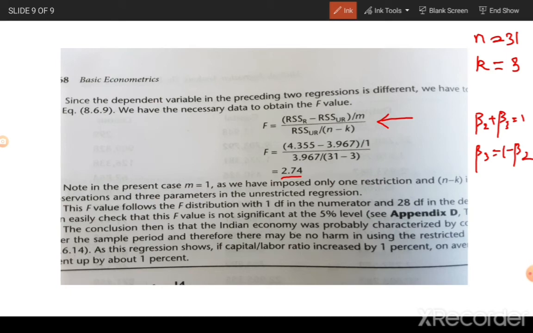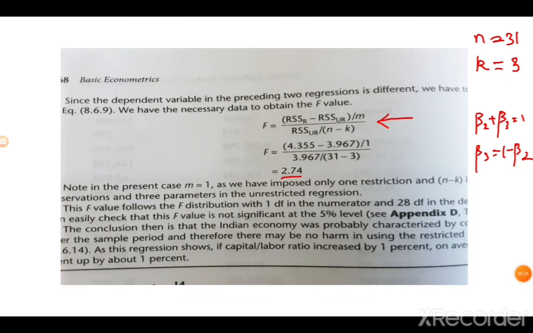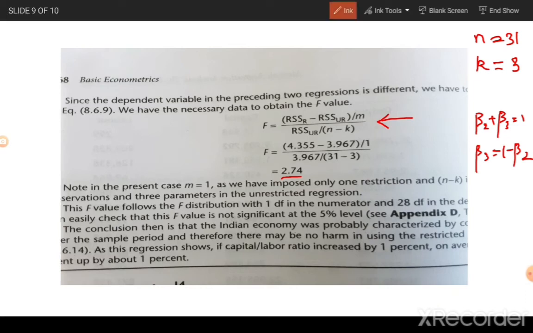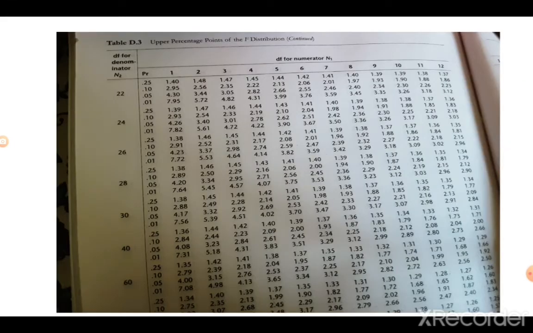So now you have to check the F statistic value, F equals 2.74, and compare it with the critical value of the F distribution with 1, 28, right? So to do that, I have just taken a photo of the F table.